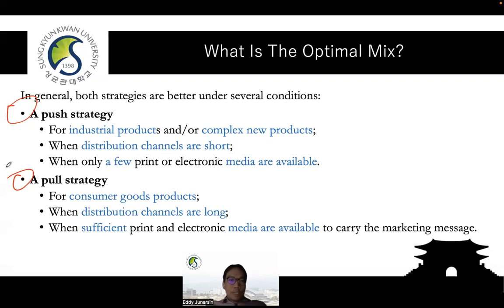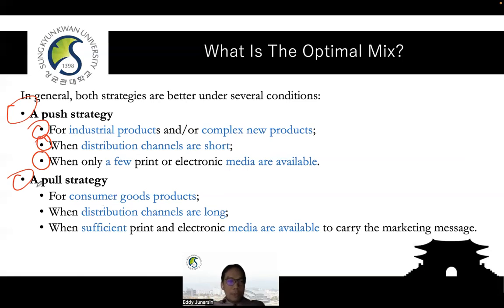pot strategy. For example, here, industrial products or complex new products, it's better to use the push strategy if the distribution channel is short and only a few media are available. Access to media is quite limited.